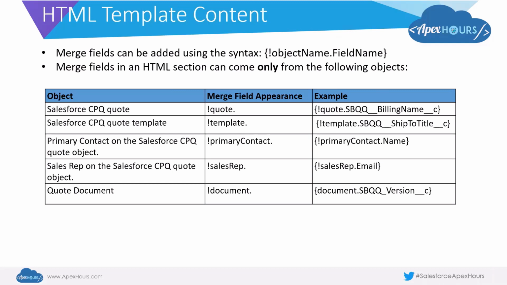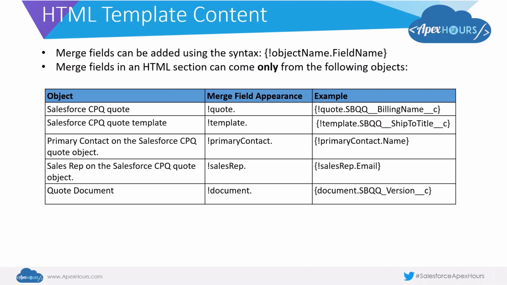If you look at this table, we have five different objects: the quote template, the primary contact on the Salesforce CPQ quote object, the sales rep on the Salesforce CPQ quote object, the quote, and the quote document. These are the records we can reference in our merge fields. The second column gives you how the merge field appears. It is exclamation point quote dot for quote and exclamation point template dot for template, followed by your field name. I've given a few examples here.